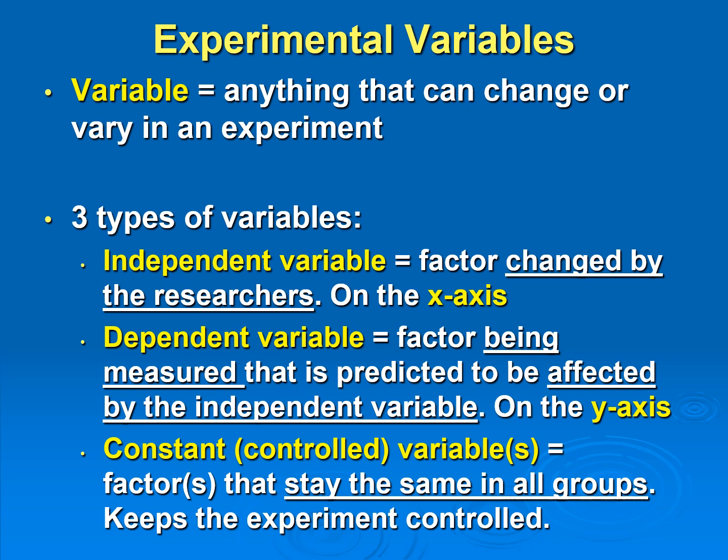And then we also have constant variables, sometimes called controlled variables, and these are the factors that stay the same in all of our experimental groups. This helps keep the experiment controlled, because you don't want too many differences between your experimental and control groups.